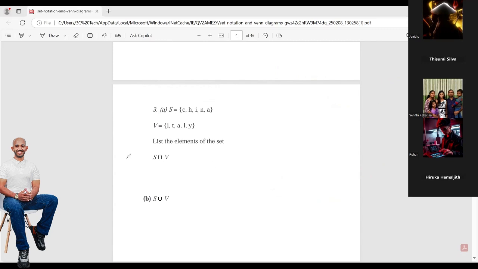List the elements of the set S intersect V. Those are the elements which are common in S and V: I, A. For S union V, we have to include all the elements in S and V: C, H, I, N, A, T, L, Y.